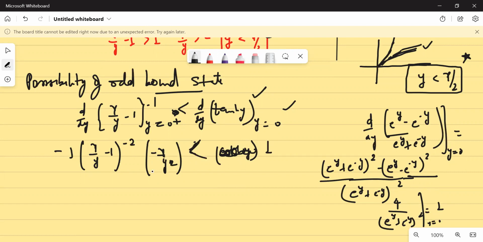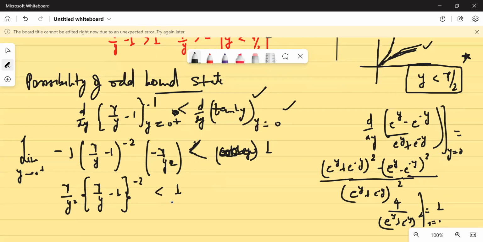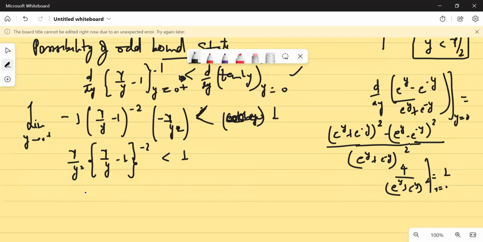Is that clear? And this I have to take as y tends to 0 plus. So this will become gamma upon y squared, gamma upon y minus. Is that clear to you? Yes. Okay. So what I would get is, if I just divide it, it is a little tricky, we can't do anything with it yet.